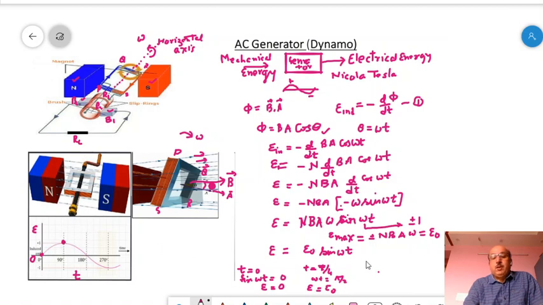Similarly, at time interval T by 2, omega t will be pi, and E is equal to 0.